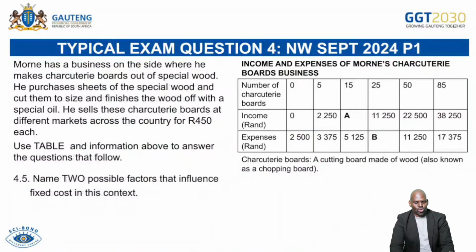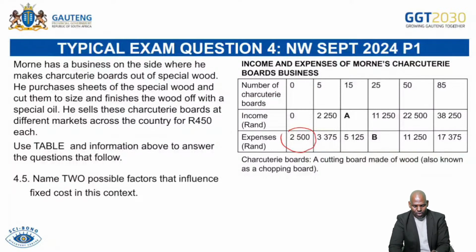Then the next question is: name two possible factors that influence fixed cost in this context. Remember, our fixed cost is 2,500. It costs Mornay 175 rand for one board.